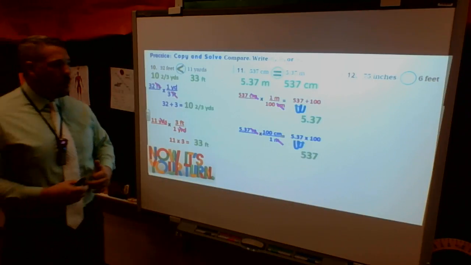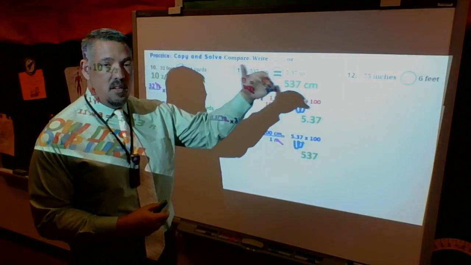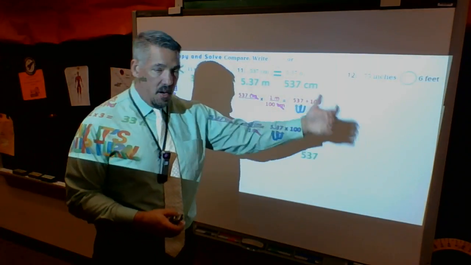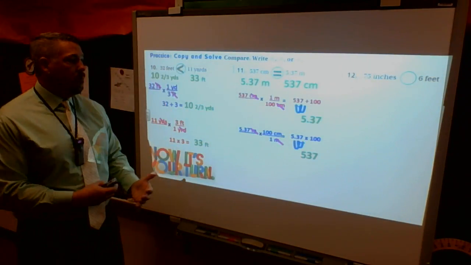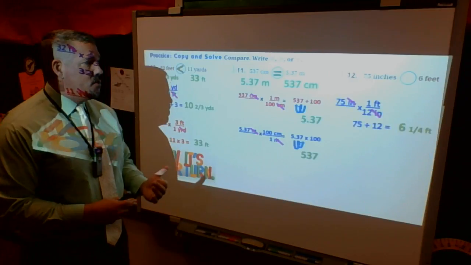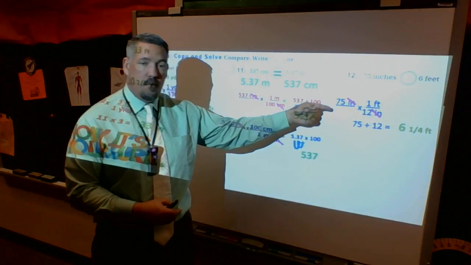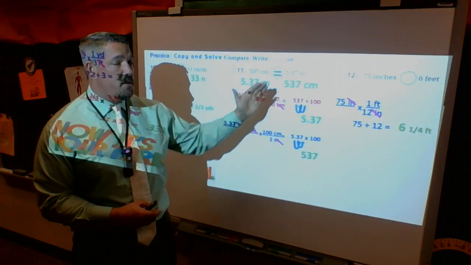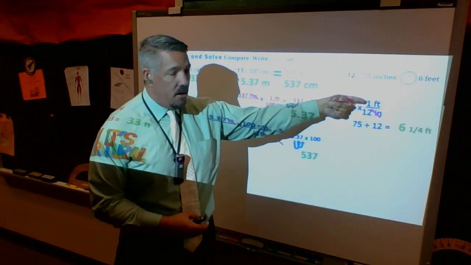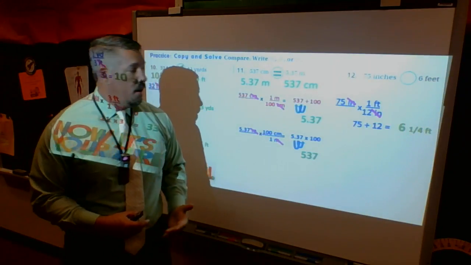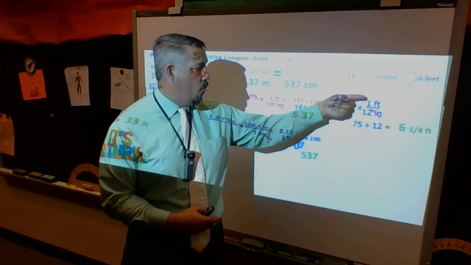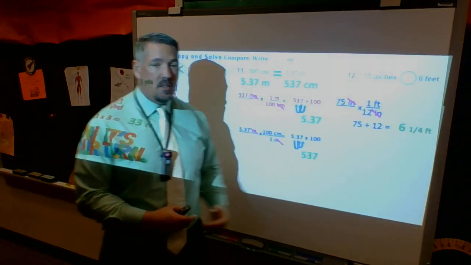The final one then, you could have either changed your inches into feet or changed your feet into inches. And once again, I'll work both of them for you. So 75 inches changed into feet. What I'm starting with is my 75 inches. What am I changing it to? I'm changing it into feet. It has to go on top. And my conversion factor is that for every 1 foot, I have 12 inches.